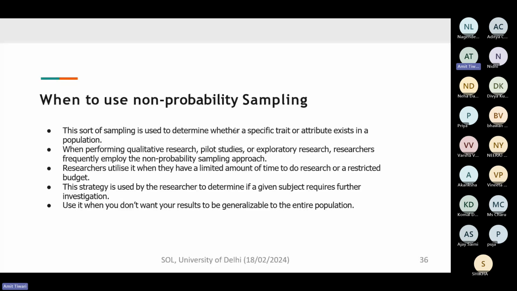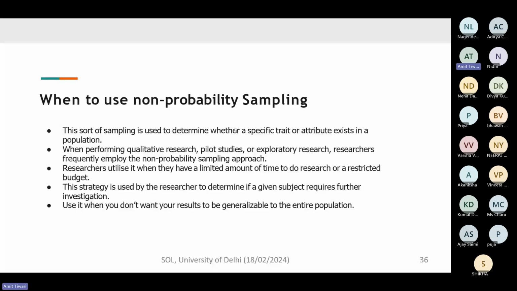If I know a certain expert, I can go to that expert and request him to give me the names of other experts in that particular domain. They will suggest further experts, so we can choose them also. So we are not taking it randomly, but we are performing our research based on different attributes. Always remember that choosing probability or non-probability sampling is completely dependent on the nature of the problem you are going to encounter in your research.